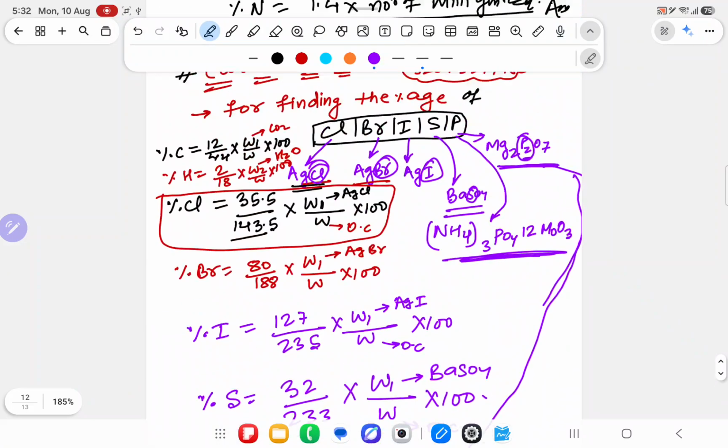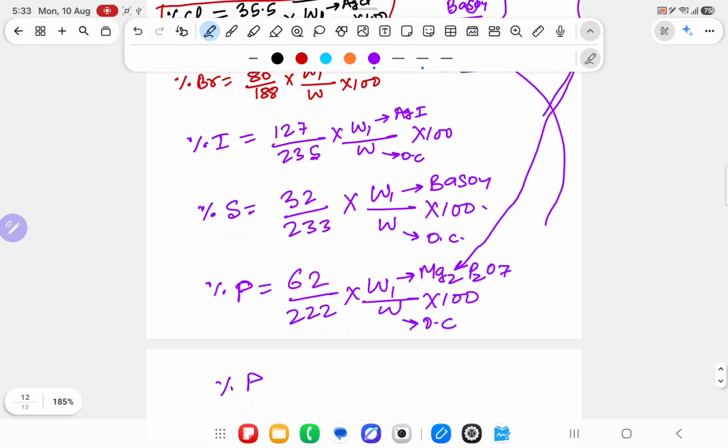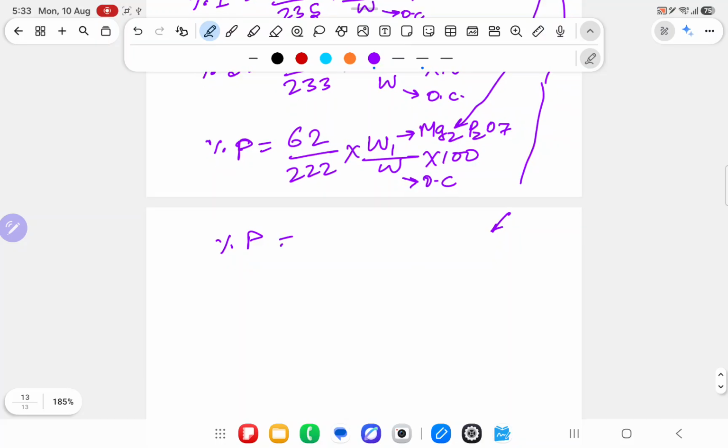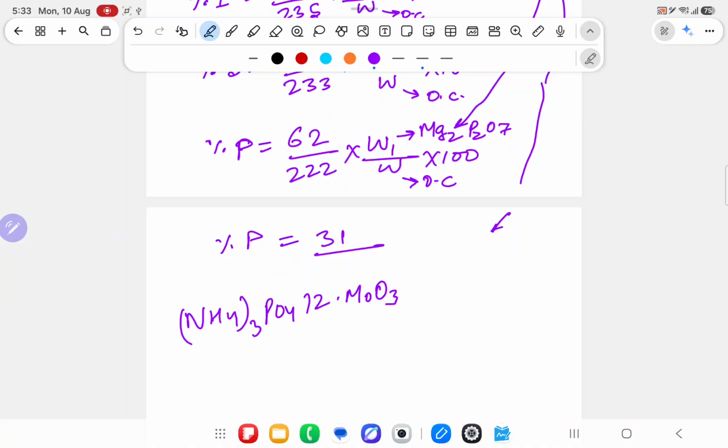Second formula they have given: (NH4)3PO4.12MoO3. How many phosphorus? Sir, only one phosphorus. So what formula will I use? Sir, 31 by the weight of (NH4)3PO4.12MoO3, which I have already calculated, 1877, into the given weight of (NH4)3PO4.12MoO3 by weight of organic compound into 100.